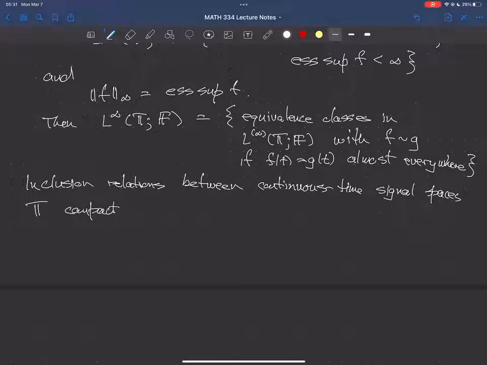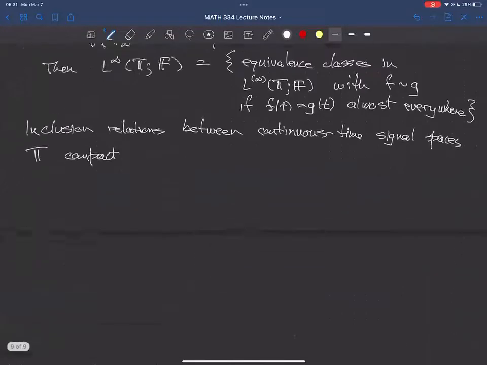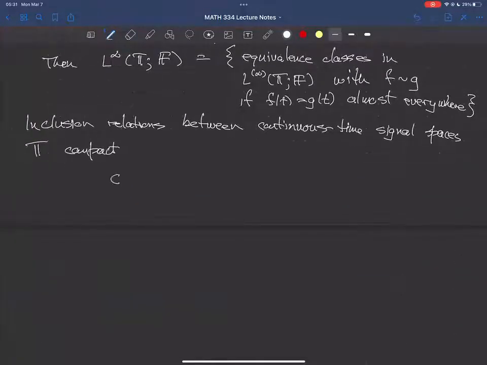In the compact case, the first thing is that C0 of T is equal to C0, as we've seen, and this is contained in every one of the Lp spaces.